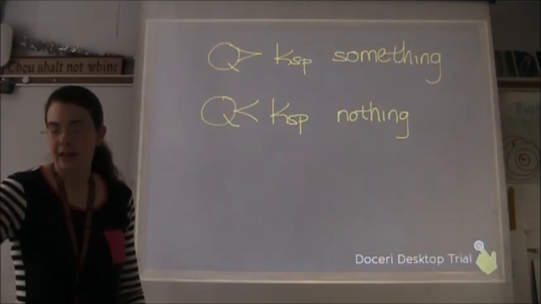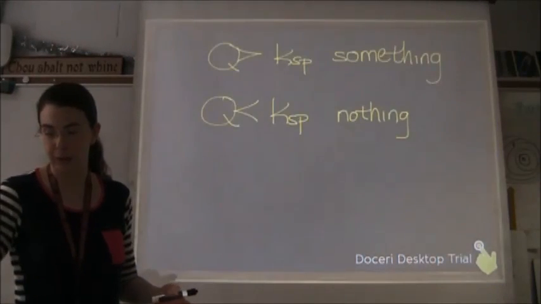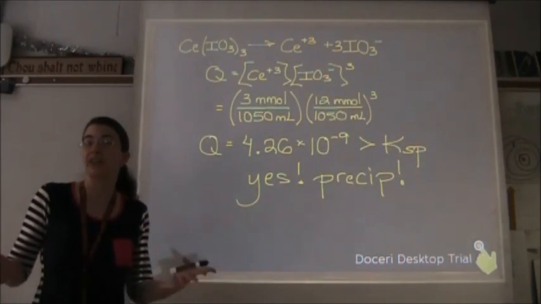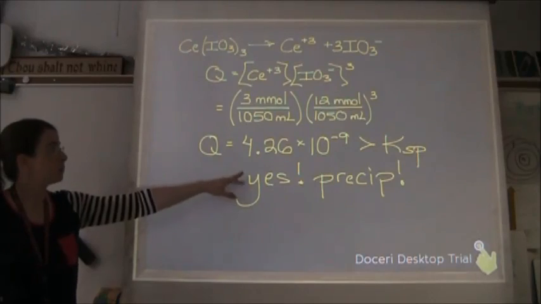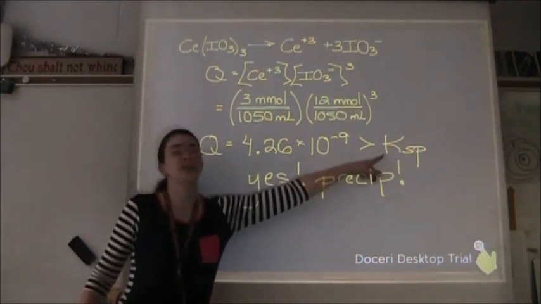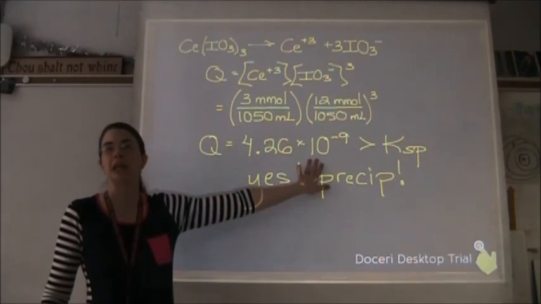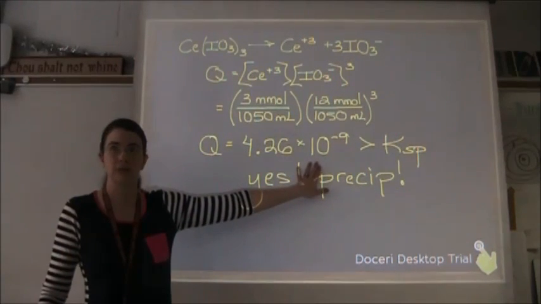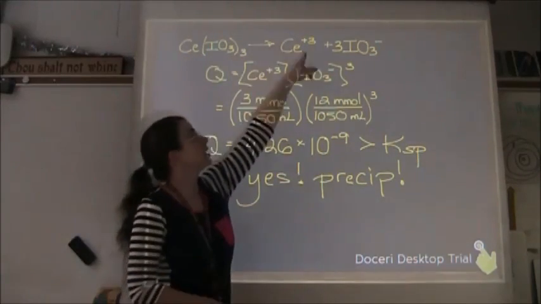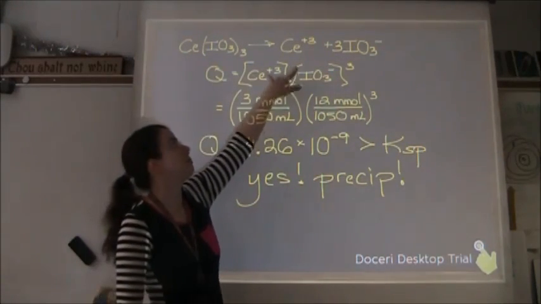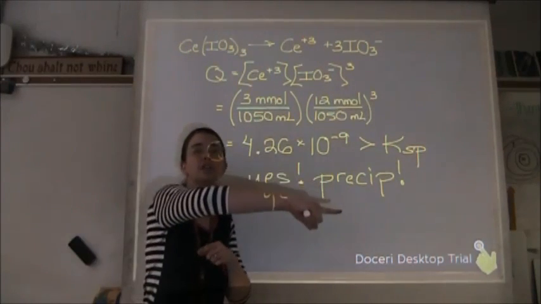Now, if you want the, why is this, really, why is that the case? Let me explain it to you this way. Ready? Q is greater than KSP. Guys, I want you to think of a Q that is bigger as being too large, too much. If Q is too big, that means we have made too much product. We've gone too far this way.